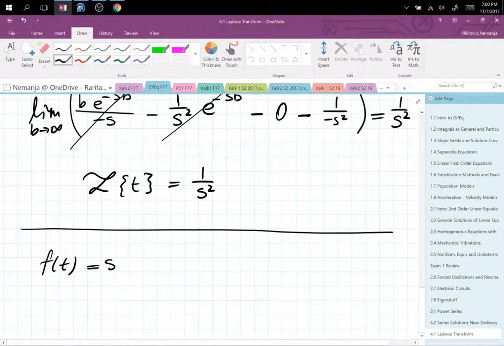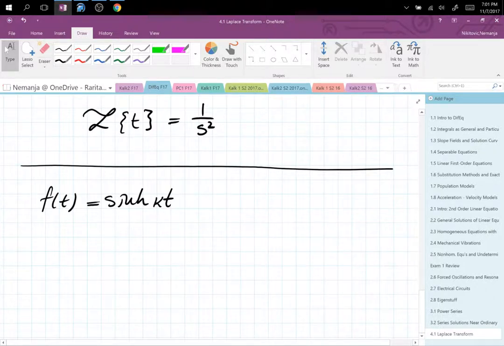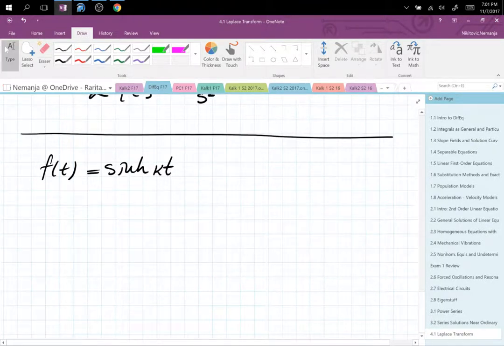f of t equals sine hyperbolic kt. k is a constant. What are we at, 21 minutes? Let's sharpen the pencils and see if we can do it. So we are looking for the Laplace transform of sine hyperbolic kt.